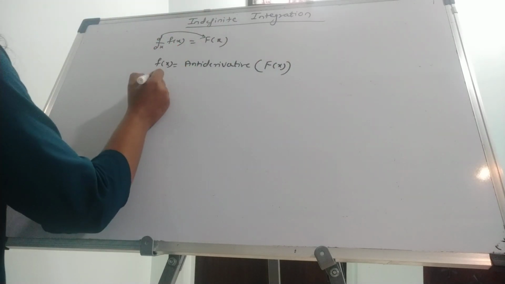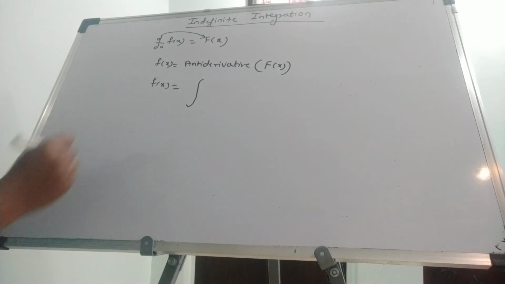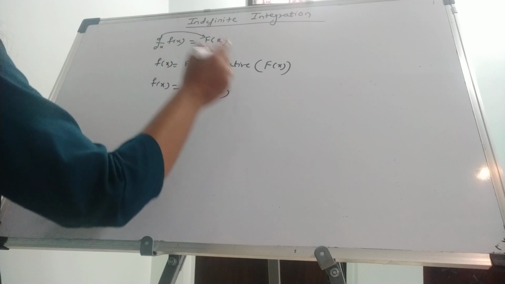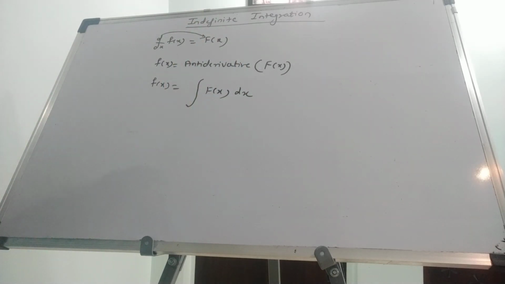And this antiderivative is nothing but integration, represented by elongated s. Integration of capital Fx, since derivative is with respect to x, so here we write dx. That is integration of capital Fx with respect to x. So integration is nothing but antiderivative.